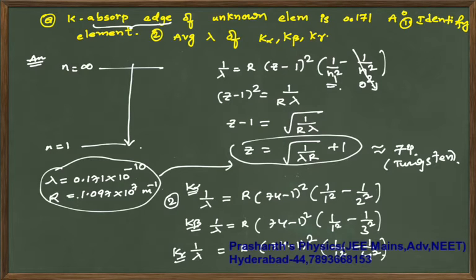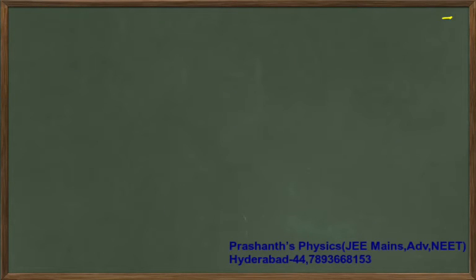Right. Next, your next question based on this characteristic frequency is, let us say you are given the wavelength of the K alpha line for a hydrogen-like element.